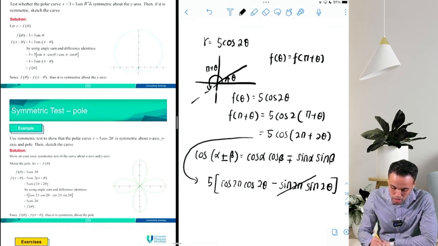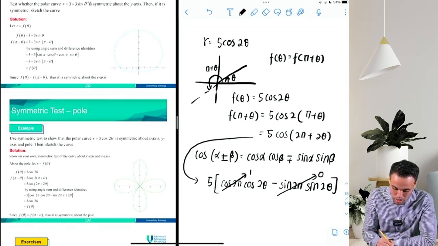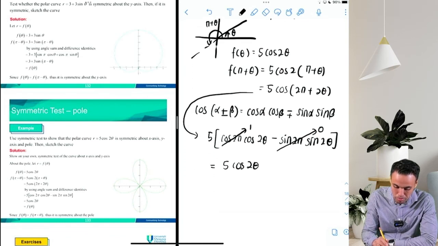Alright, in this case, sine 2 pi will become 0 and cosine 2 pi will become 1, equal to 5 cosine 2 theta.